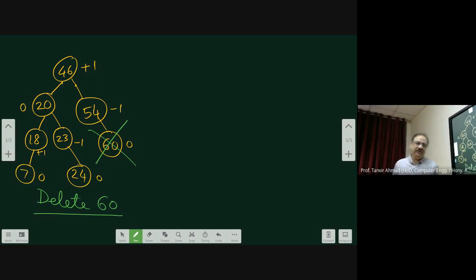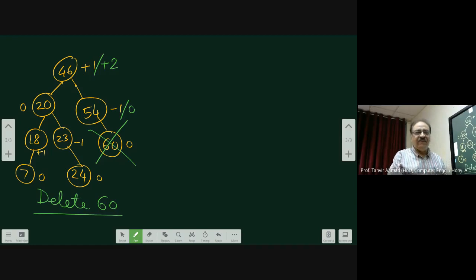Now what is the rotation? When you delete 60, 54 will be 0. Now let us try to see. This will become 0. This will become plus 2.